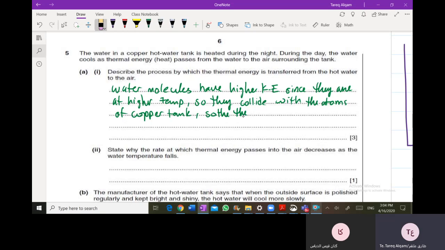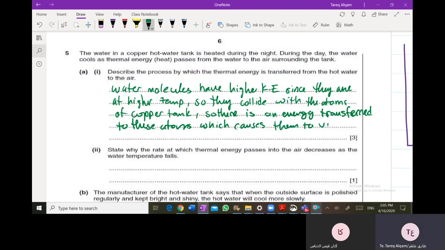So there is an energy transferred to these atoms, which causes them to vibrate faster.